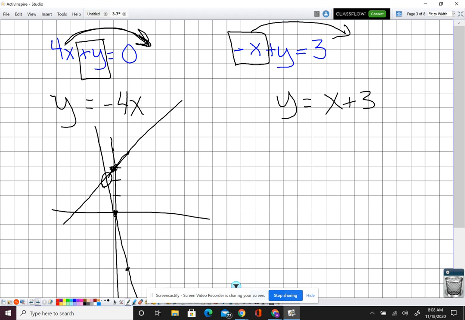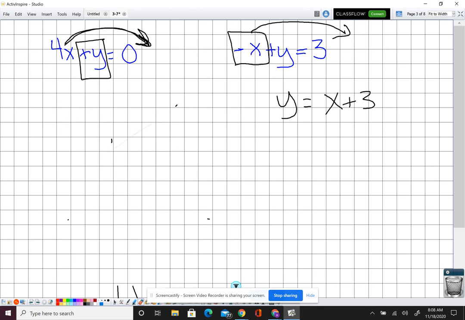So when we look at these two equations that I have in blue, the first thing that we want to do is solve them for y, because they're not solved for y yet. So we're going to take 4x plus y equals 0.